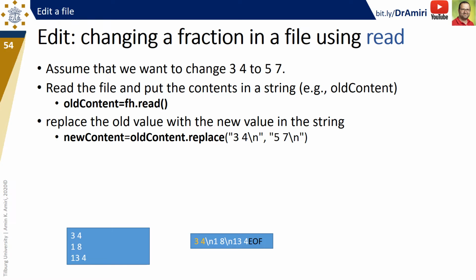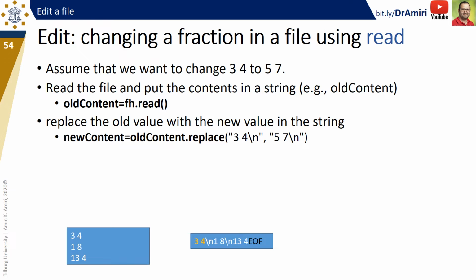After that, you use the function replace, which is a method for strings, and simply provide 3 blank space 4 backslash n as the first argument and 5 blank space 7 backslash n as the second argument.